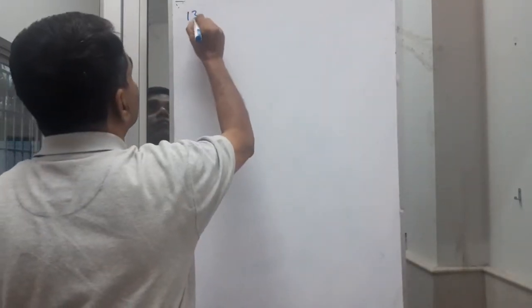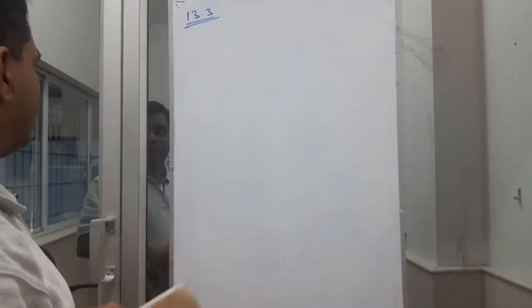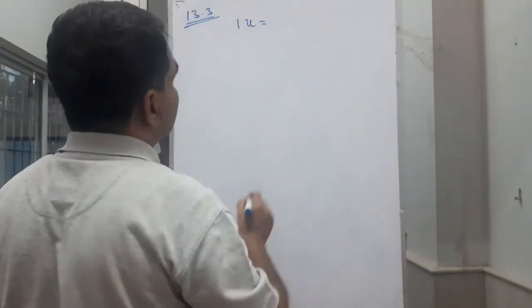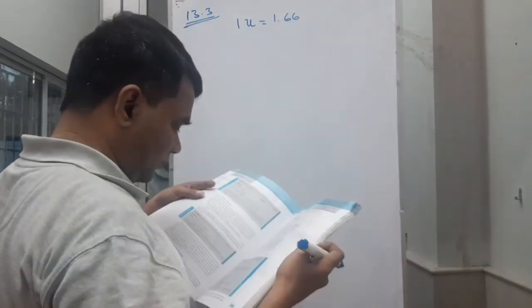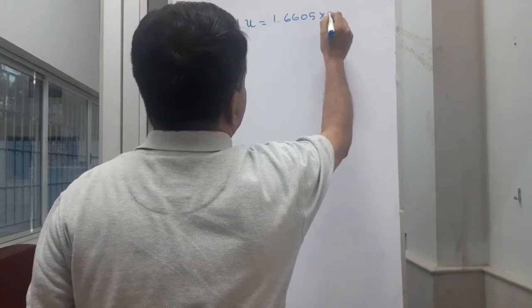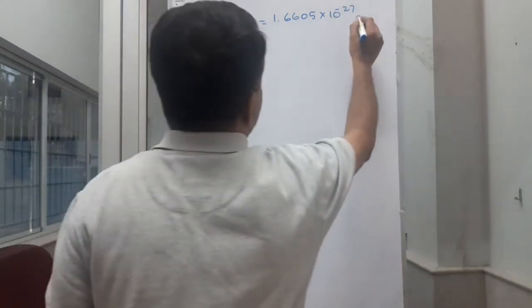So what is this? First one is one atomic mass unit. So one atomic mass unit is equal to 1.66, well, I'll take some more, 1.6605 into 10 to the power minus 27 kg.